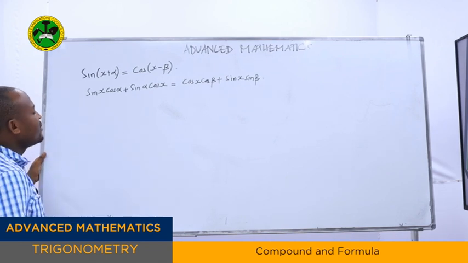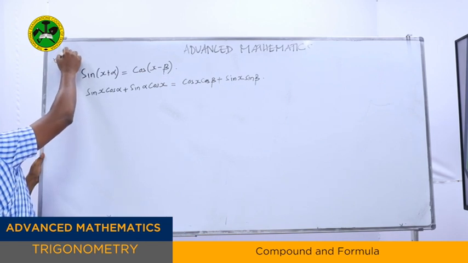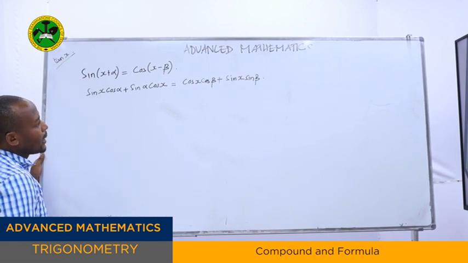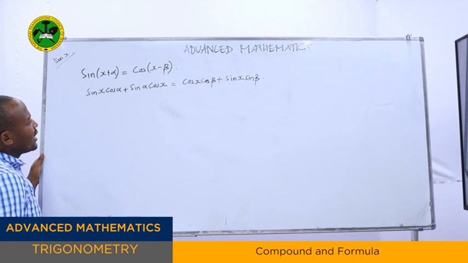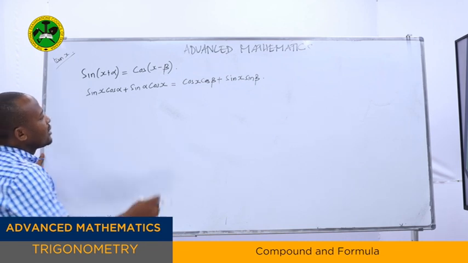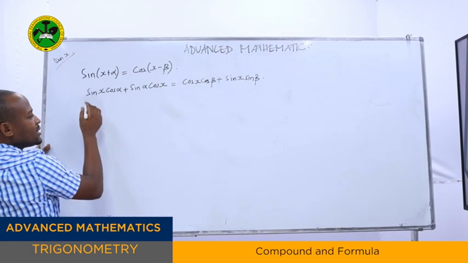So what can we do from there? We are told to find the tan of x. Now, can we collect like terms? Where there is a sine and where there is a cos, this can go to that side and this comes to this side. Can we do that? Yes, we can do that.